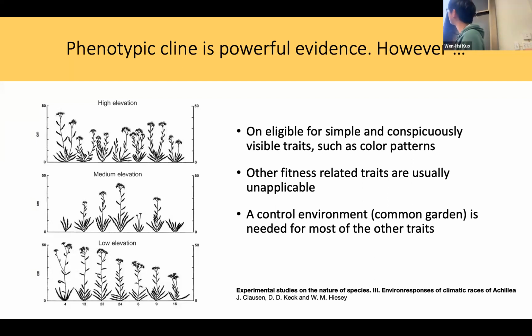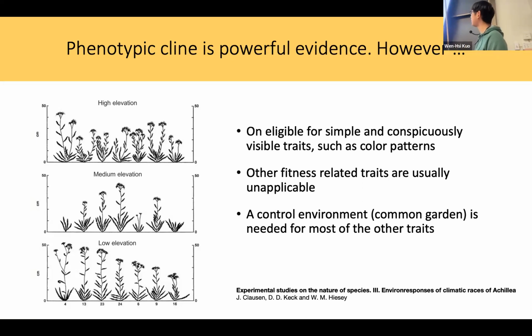For example, in the left plot, at low elevation the plants show a nice cline from high to low. But this cline pattern does not persist at medium and high elevation. That is because of the environmental interactions.